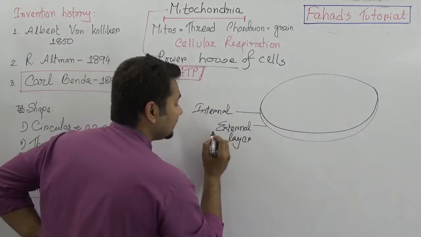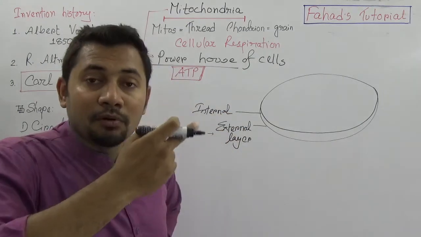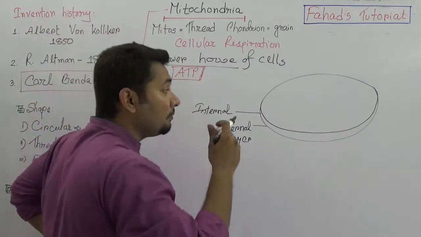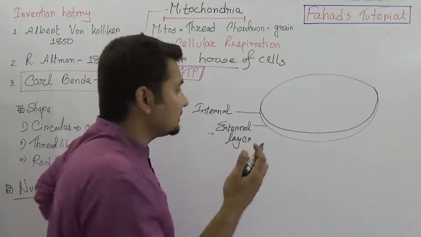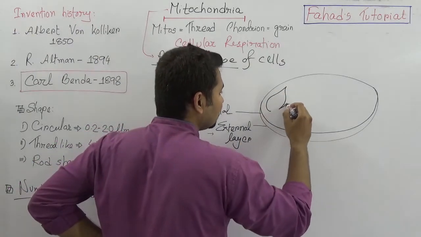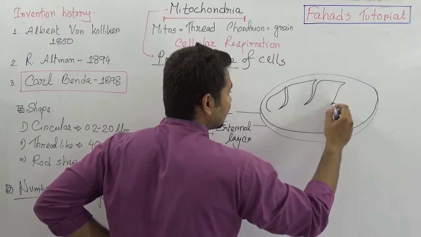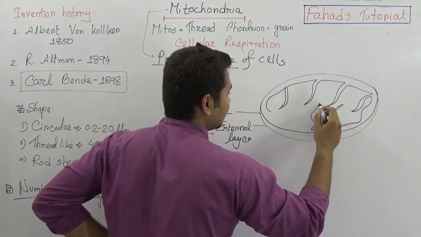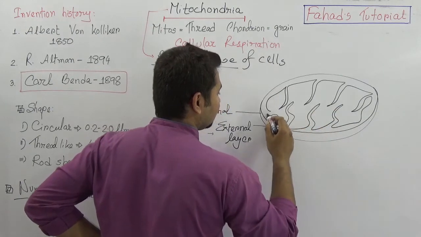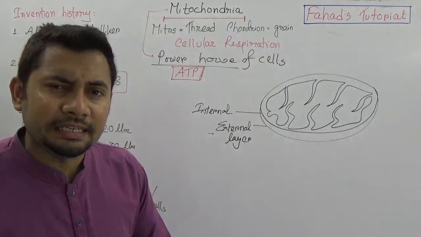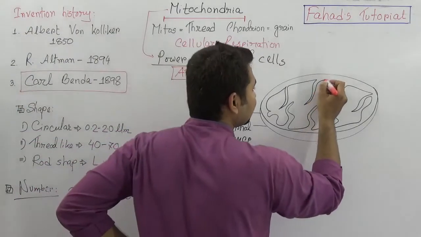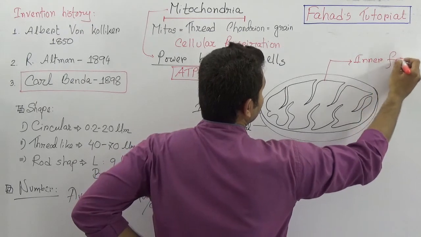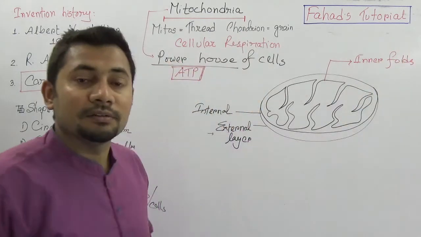The external layer is mostly plain, but the internal layer has inner folds, and these folds are called cristae.